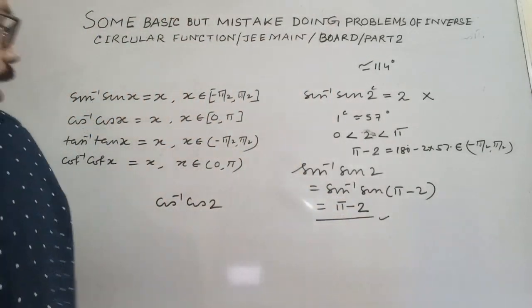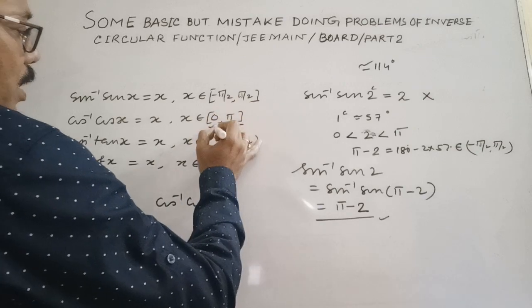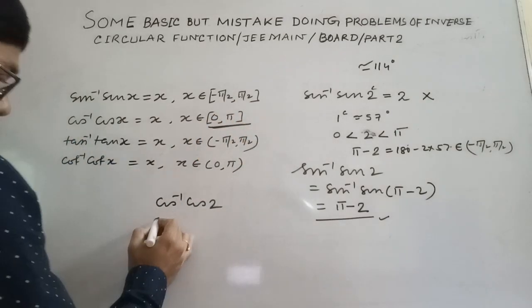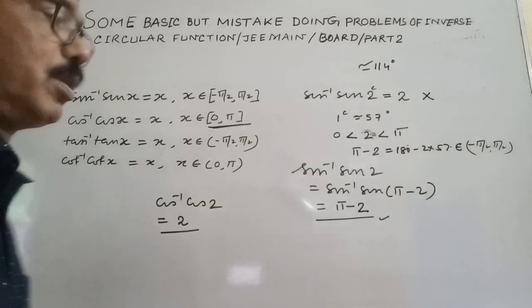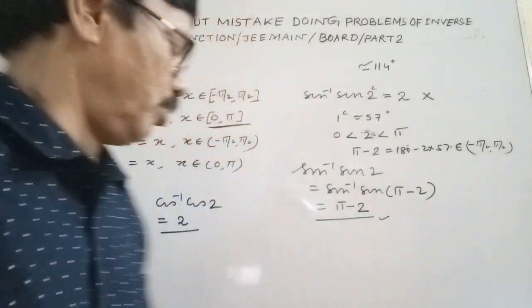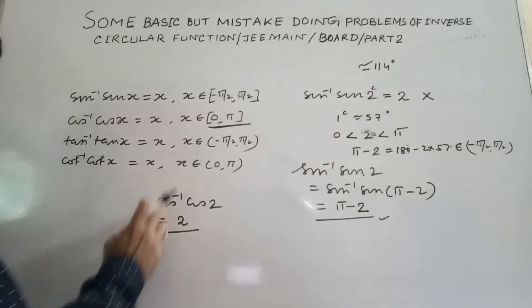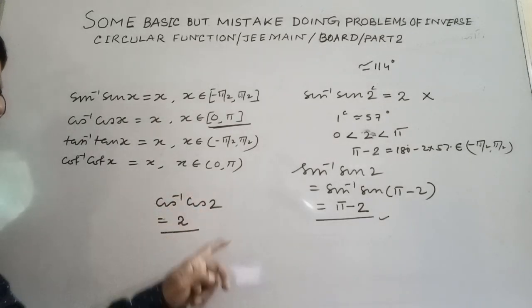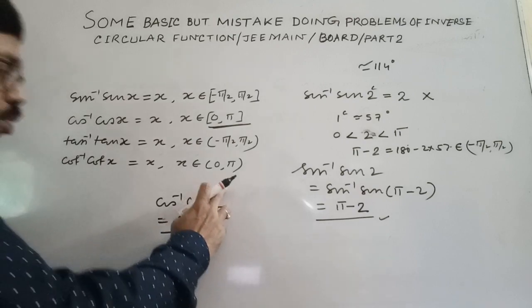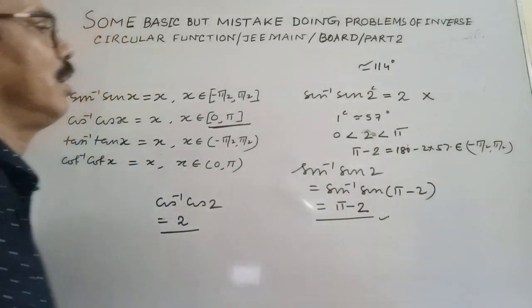Now look, it lies in the principal value. So cos inverse cos 2 equals 2. With this restriction, cos inverse cos 2 equals 2 because 2 belongs to the principal value.